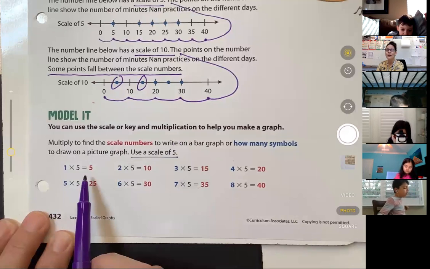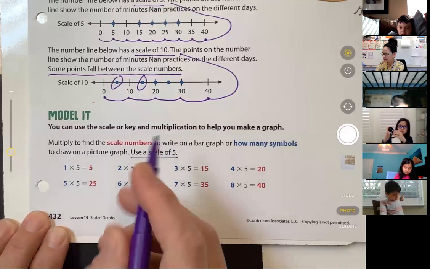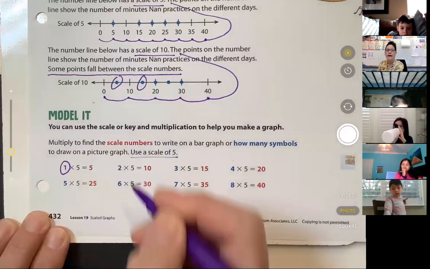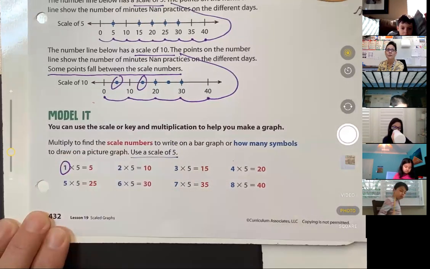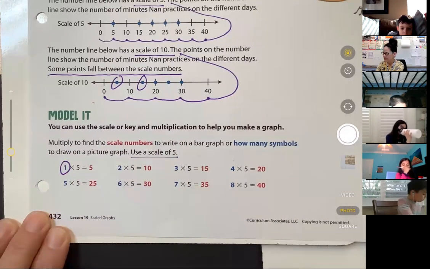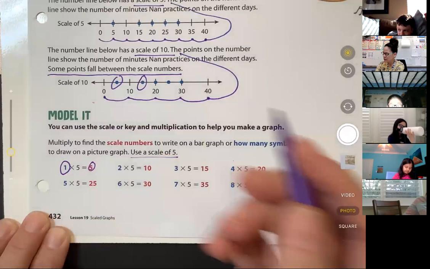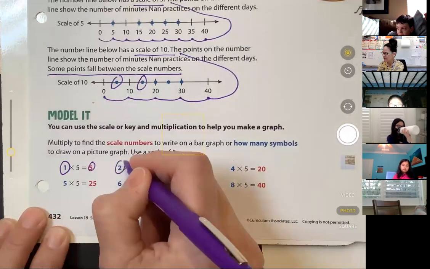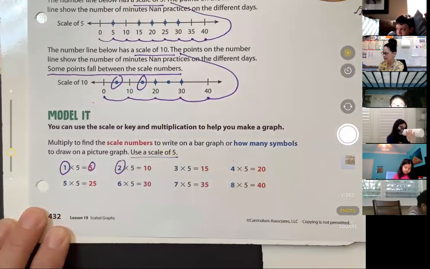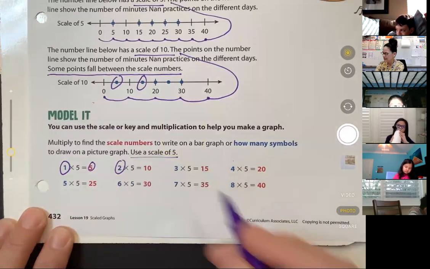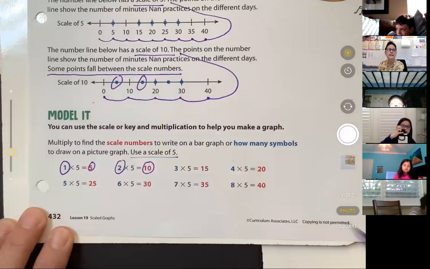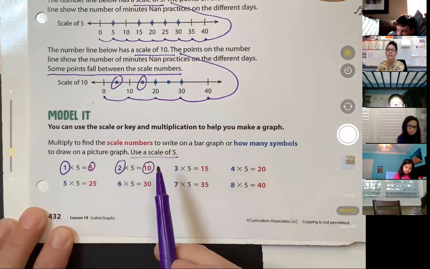You can see it's color-coded, which I love. So 1 would be the symbol, how many you would need. The 5 would be the scale number. Then you could see the 2 here being how many symbols you would need, and the 10 being the scale number. And you can do that all the way through.